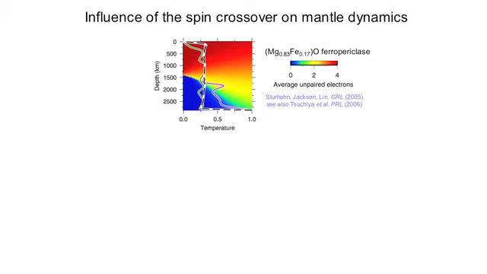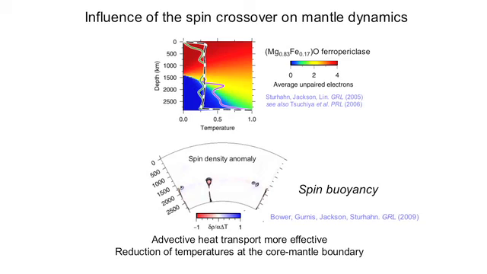And so how does that affect the dynamics? Well, here's a geodynamic simulation that Dan Bauer has worked on to incorporate this spin crossover. The interesting conclusion that came away was that it effectively adds convection vigor to the system. So it increases the convection vigor, which means that the advective heat transport is more effective.